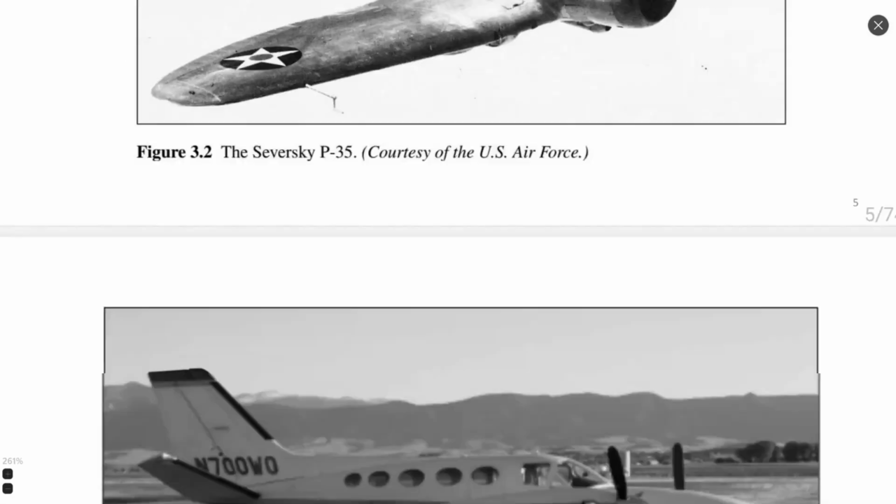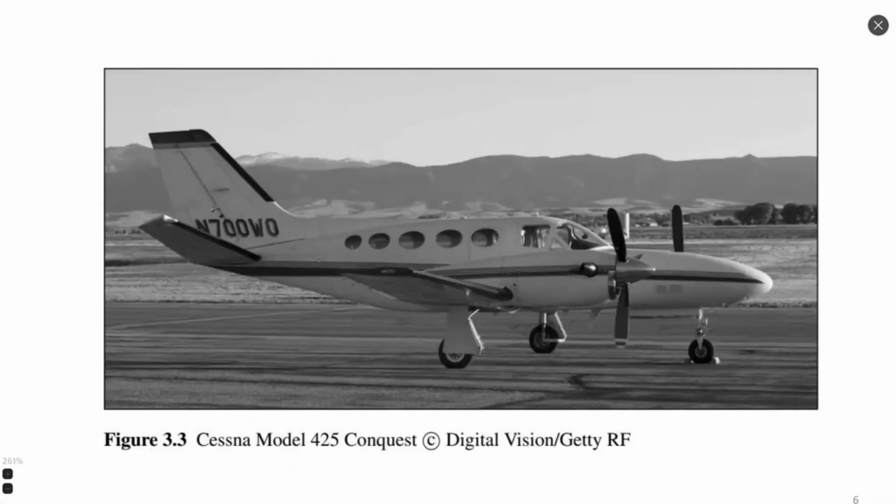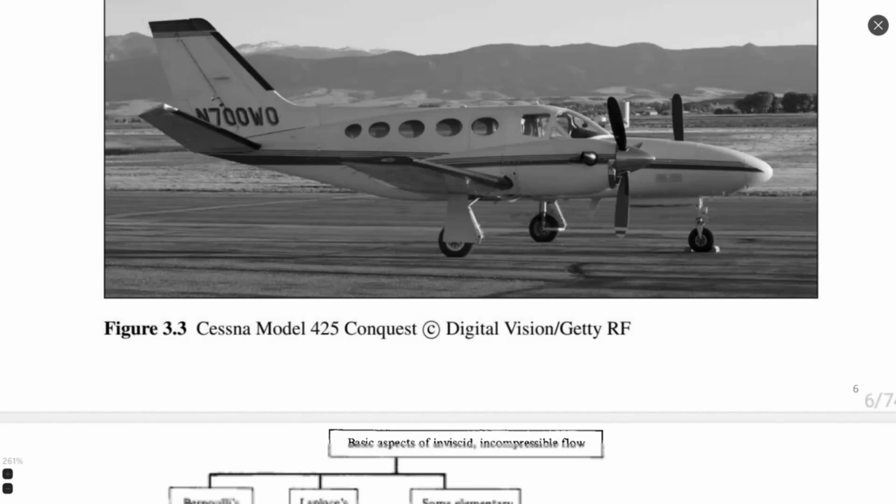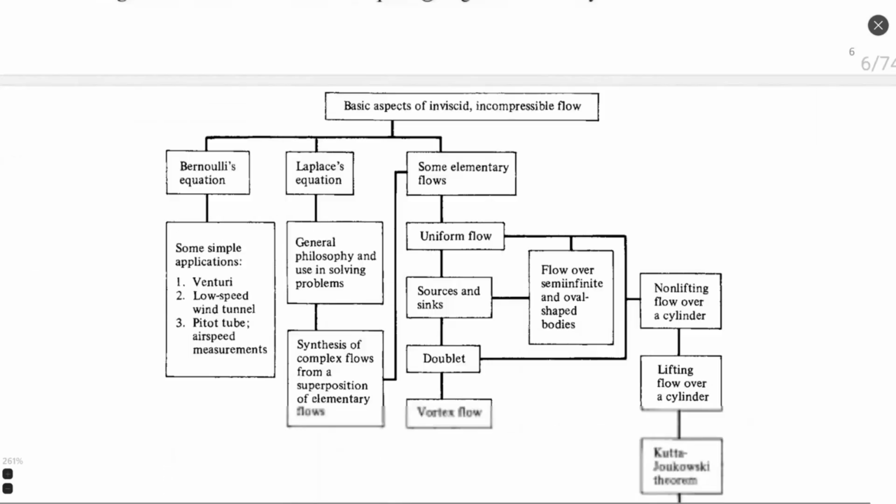Without theories, we cannot do anything. Okay, here is a picture of a modern Cessna 425, probably one of the most beautiful small airplanes. Very nice, very efficient and safe.